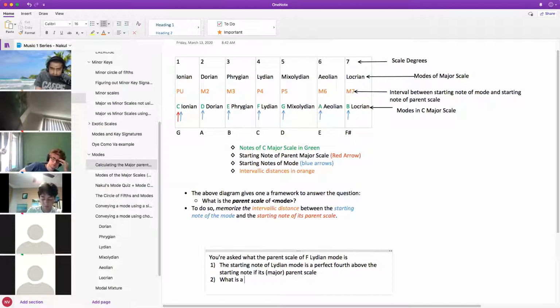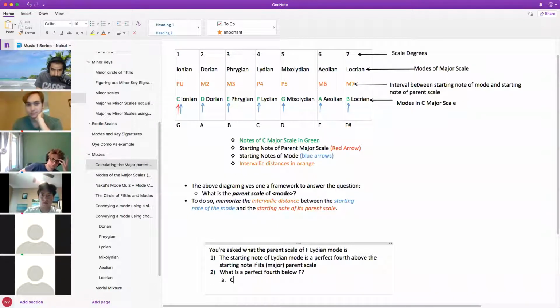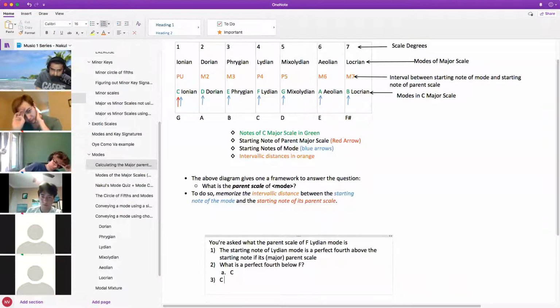So what is a perfect fourth below F? C. Okay? So the answer is C major is the parent scale of F Lydian mode.